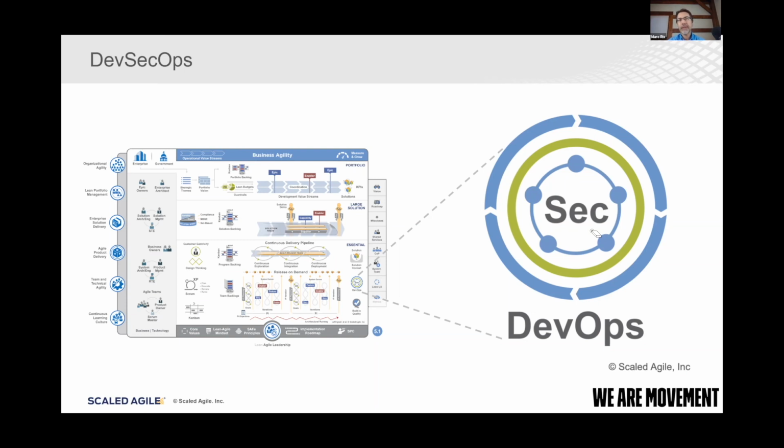So what we decided to do was just leave it at DevOps. We're going to call it DevOps, and we're going to assume that we're just building security in along with everything else. But we are going to give security an honorable mention, very front and center on the big picture. And we're going to show that security concepts, security policies, security practices, and security tooling are very, very core to the mindset of DevOps in SAFe.